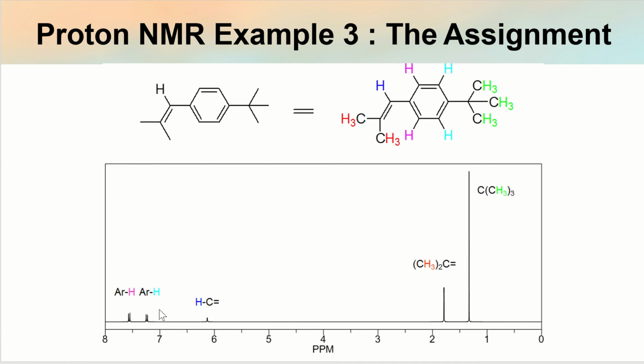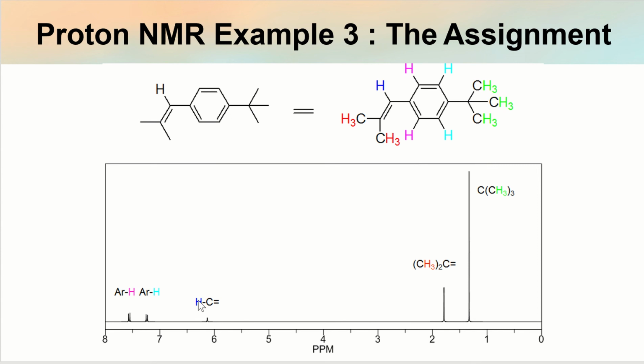Then our aromatic protons, if we look at our table, we would expect them to be in the 6 to 7 region, depending on, of course, what is attached to them. So these protons that are closest to the tert butyl portion would be more shielded than the other protons seen here, right?